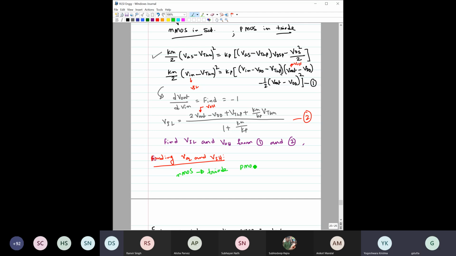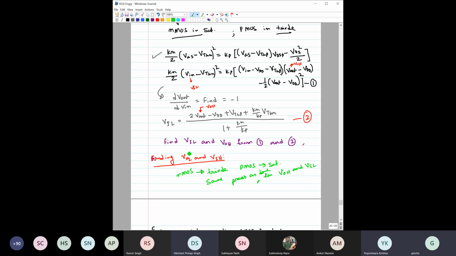And PMOS? Saturation. Saturation, right? Same process as done for VIH and VIL.